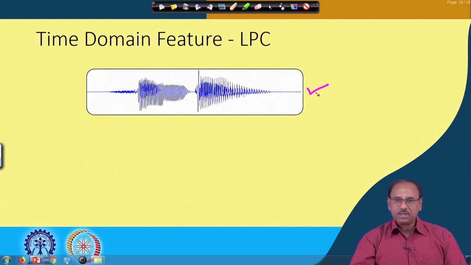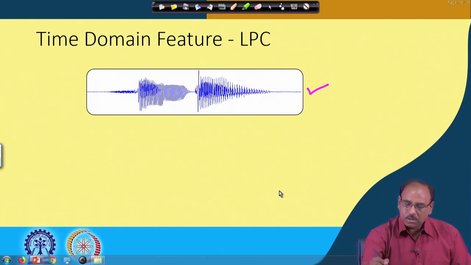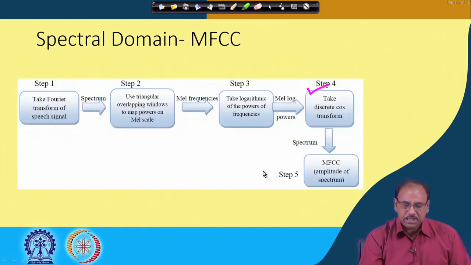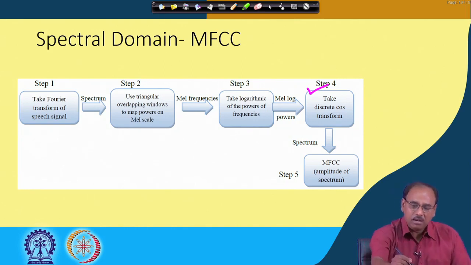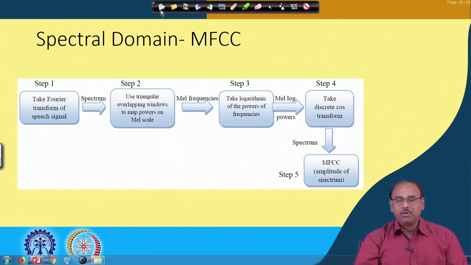So, even an audio signal can be represented in the form of a vector. Of the different types of vector representation that we can have, one is the well known linear predictive coding, or LPC, coefficients. The other kind of feature vector which has become very popular and very powerful is what is known as MFCC, or Mel frequency cepstrum coefficients.